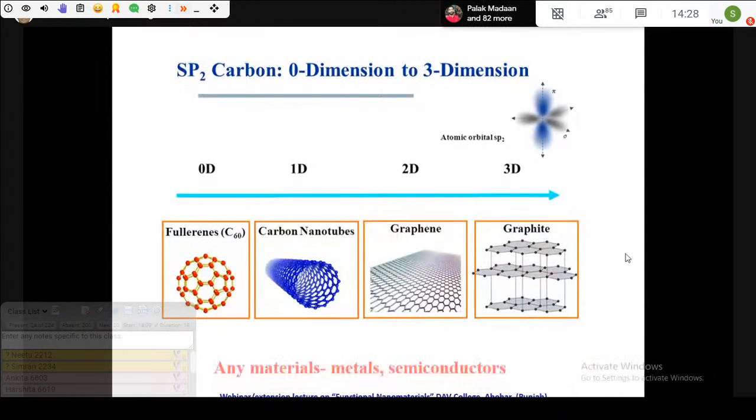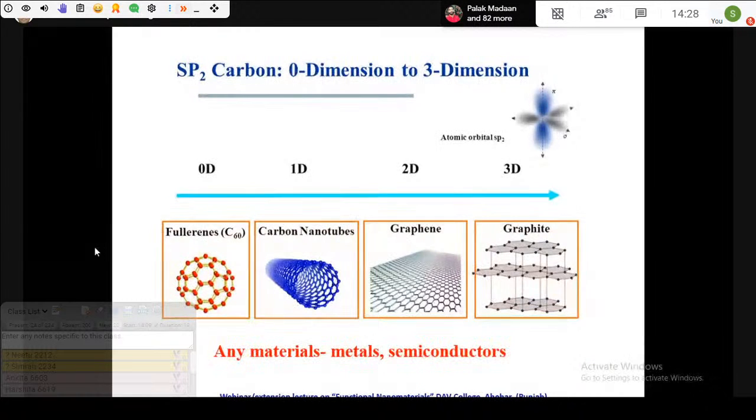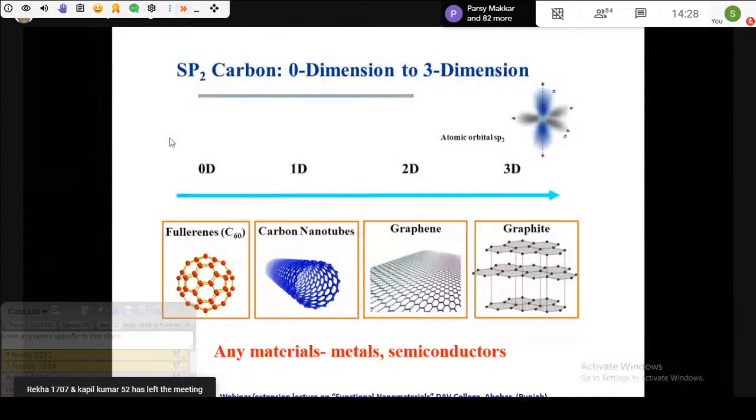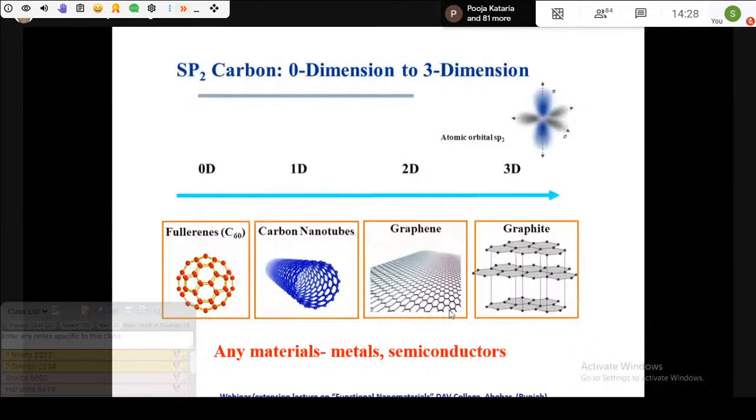And as I told, when we talk about nanomaterials, it's not limited to one material like carbon-based material. All these examples are carbon-based nanomaterials, but there may be metals, there may be semiconductors. Different kinds of materials could be in the range of 1 to 100 nanometer, and they can be classified as 0, 1, 2 dimensional nanomaterials, either metal nanoparticles or semiconductors or any other.